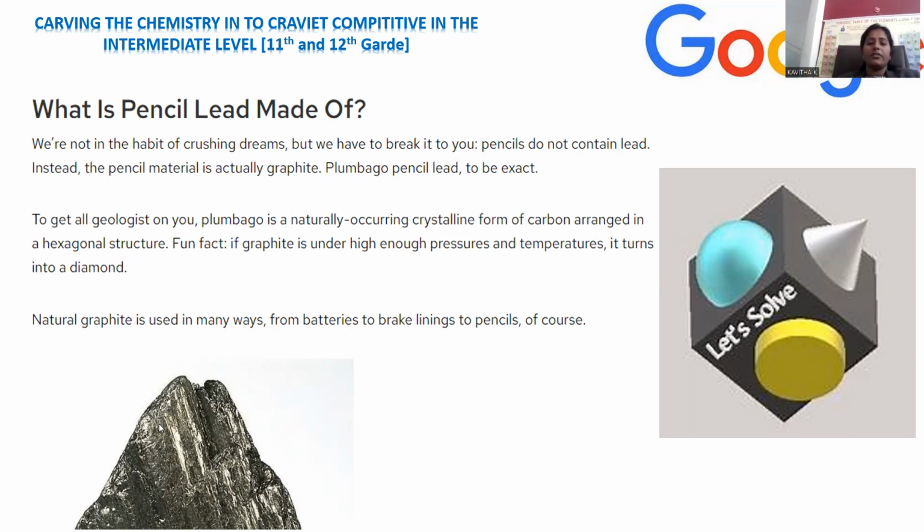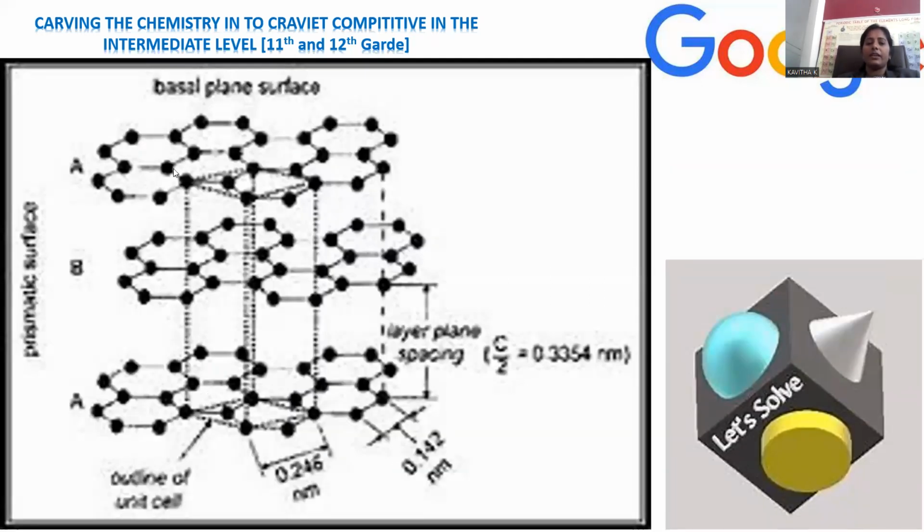So here is the graphite. Graphite and diamond are both allotropic forms of carbon only. Graphite has a hexagonal layered structure arrangement, whereas diamond has a close-packed three-dimensional regular tetrahedral arrangement, that is purely crystalline. This is a non-crystalline texture of the carbon atom, right?